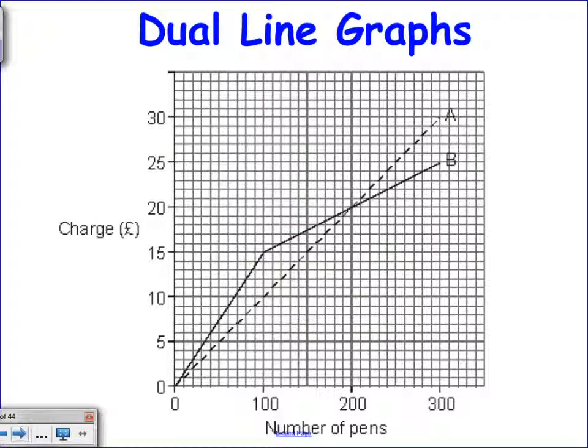And this is the one that you had in your homework a few weeks ago, all about 2 companies selling pens. Company A is the dashed line, company B is the solid line, and the question went along the lines of, if you were going to buy 100 pens, who would you buy them off? Yeah? Or if you had £20, or what price, how many pens could you buy for £20 and who would you buy them off? £20, 200 pens, and because they cross, it doesn't matter which company you buy them off. Questions like that. In other words, can you interpret dual line graphs?